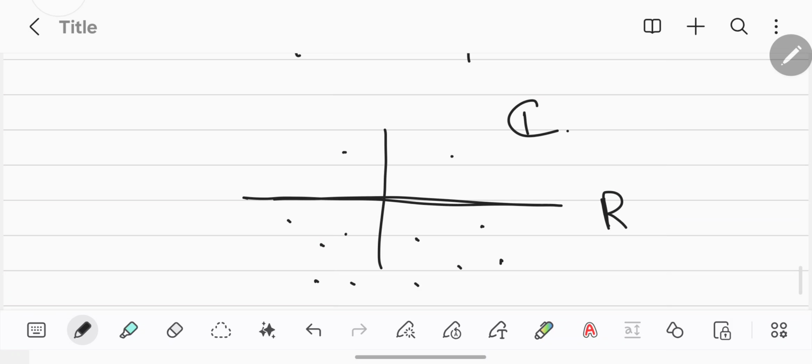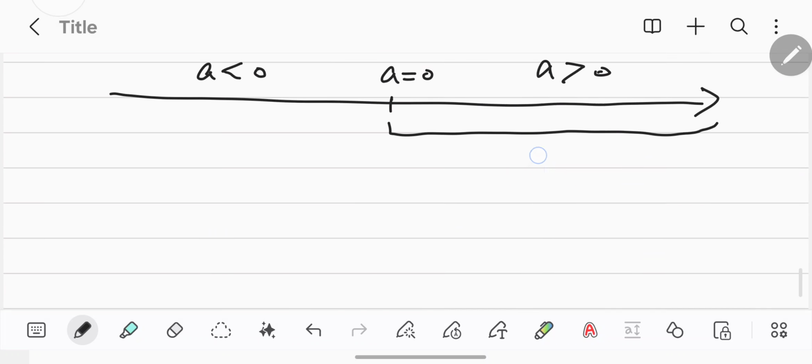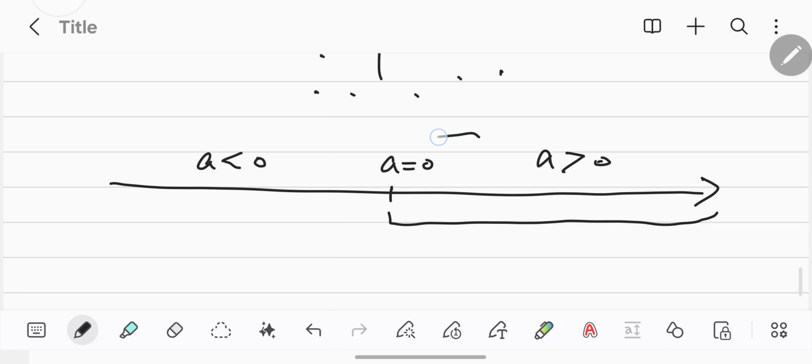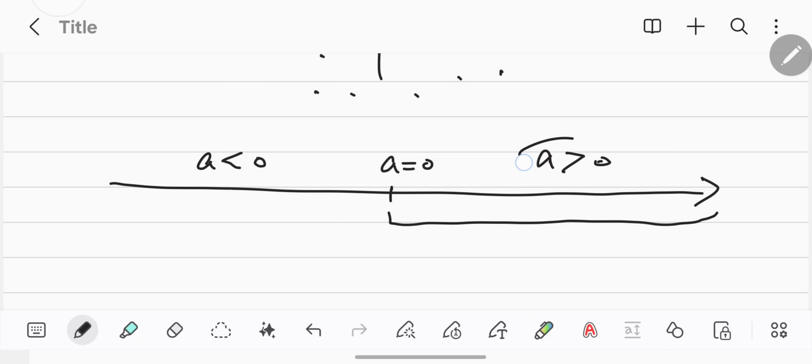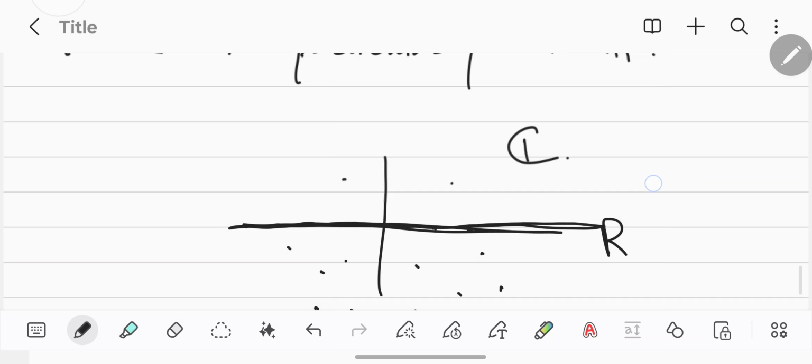But the numbers inside C can be on this straight horizontal line, and this line is inside C. So I am saying if you take square root of these numbers, I mean when a is 0 and when a is bigger than 0, your answer will lie on the real line.